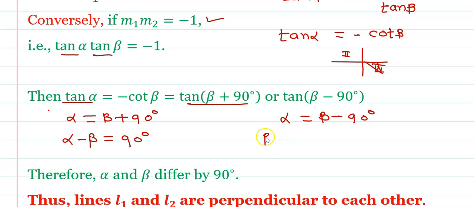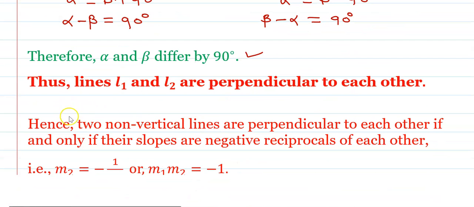Then here you will have the difference beta minus alpha equals 90, and therefore alpha and beta differ by 90 degrees whenever the product of the slopes is minus 1. It means that the lines are perpendicular to each other.